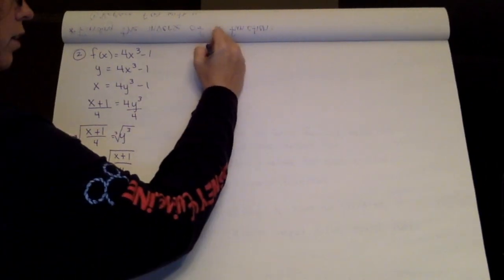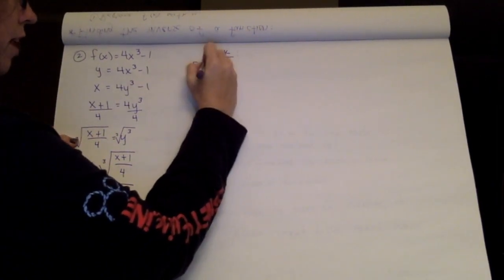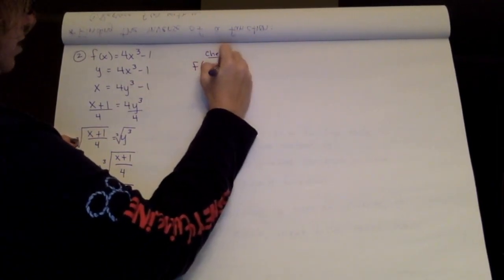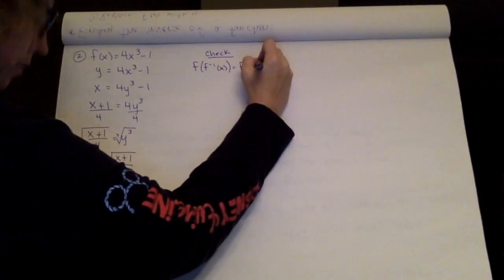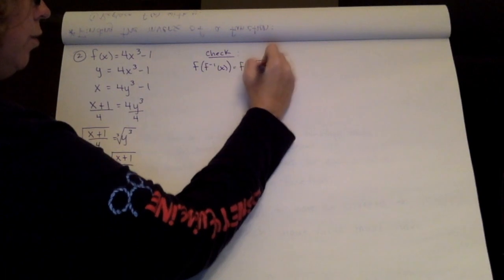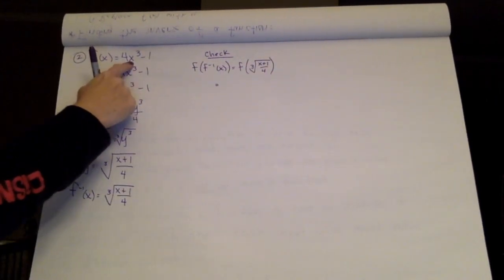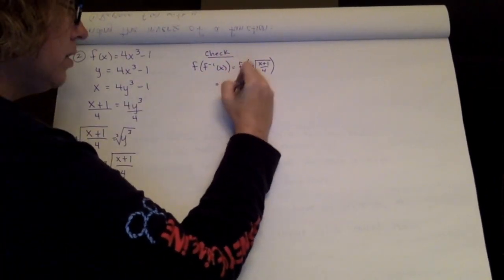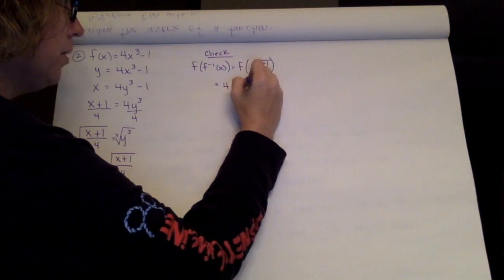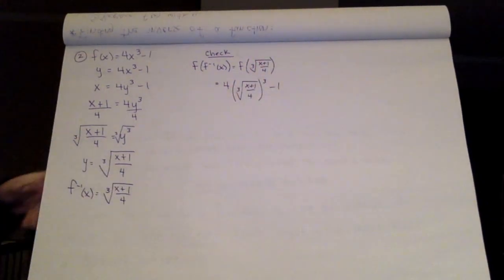So I'll come over here. This is where I'm going to check them. We'll start with f of the inverse of f of x, or f of the cube root of x plus 1 over 4. So now here, in place of x, I'm putting this cube root. So I'll have 4 times the cube root of x plus 1 over 4 cubed minus 1.